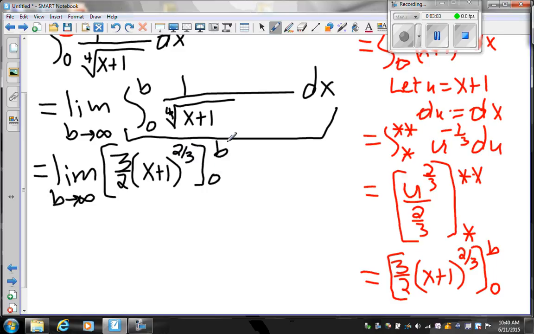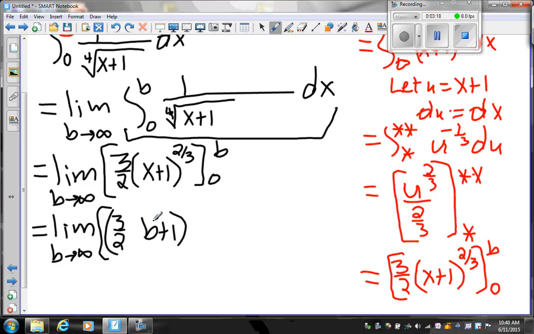from 0 to b. Recall that this means you plug in the b first. The upper limit of integration always gets plugged in first. So 3/2 (b plus 1) to the 2/3 power.